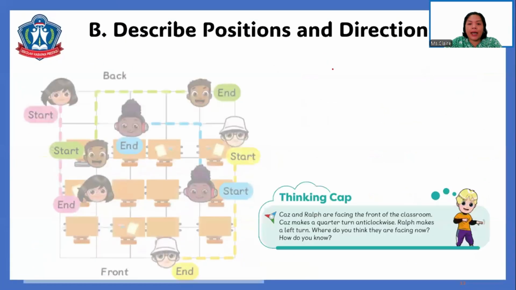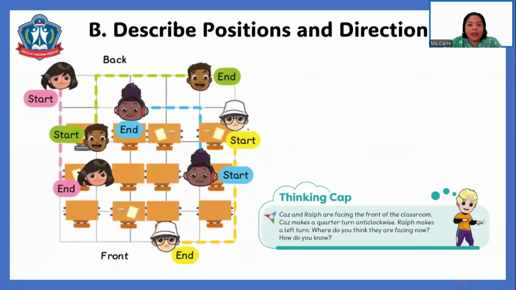Let's have this one. Take a look, the same map or the same sitting arrangement. Kaz and Ralph are facing the front of the classroom. Where is Kaz? Here. And Ron, this is Ron. They are facing the front of the classroom. Kaz makes a quarter turn anti-clockwise. Ralph makes a left turn.